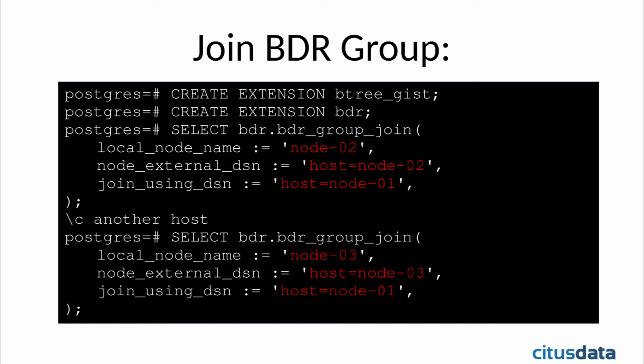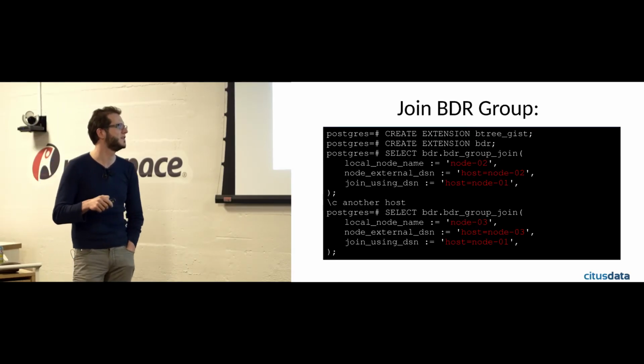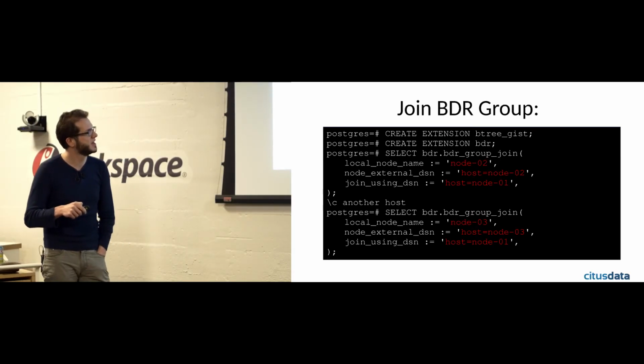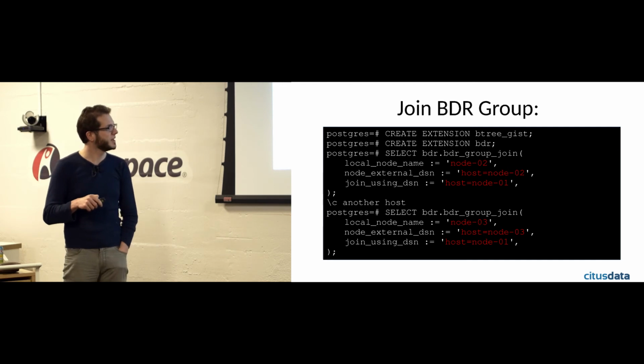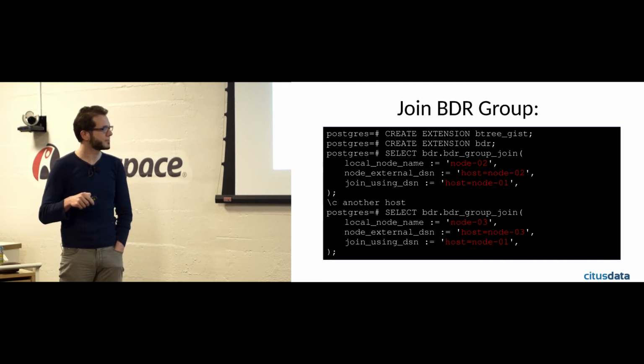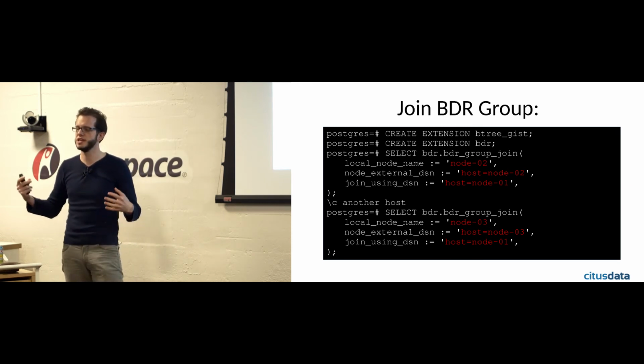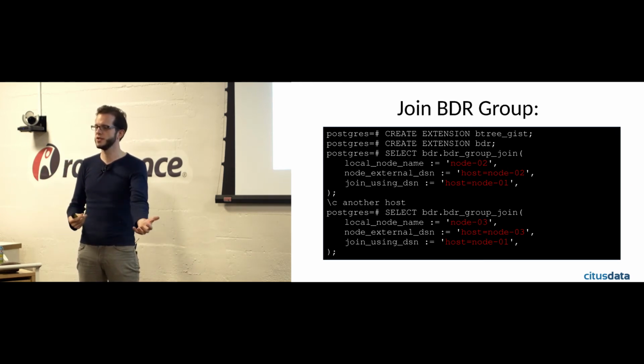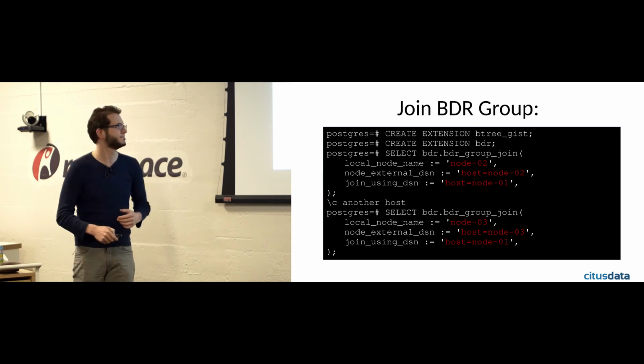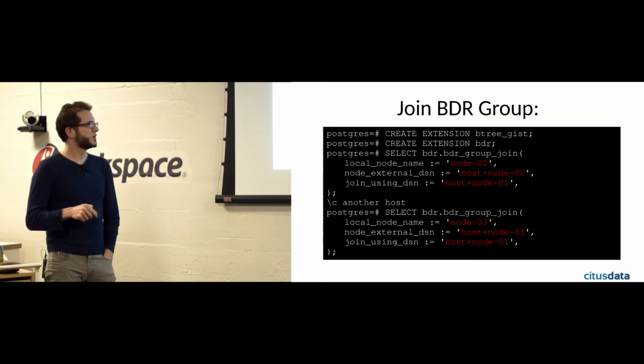On the further nodes, you again do the same game. You create the btree_gist extension, you create the BDR extension, and then instead of bdr.subscribe, you say group join. You give the local node a name. You can say how can I connect, what's my own DSN, how can I be reached by the other nodes? Because obviously, if the data has to flow in all directions, the other nodes also have to connect back. That's what you specify here.